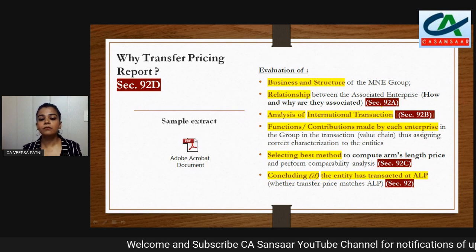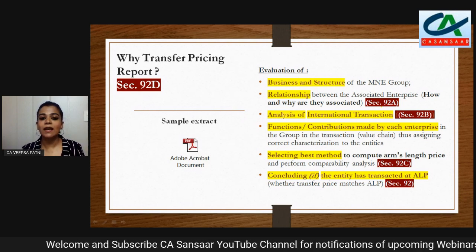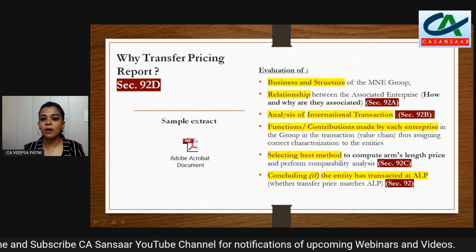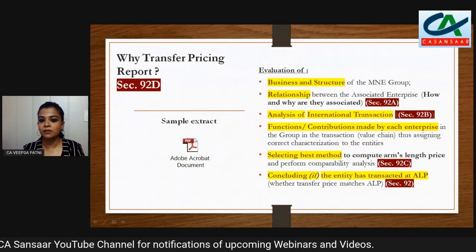Then the structure continues, and the TP report talks about the international transaction.